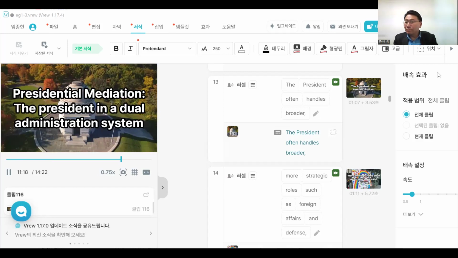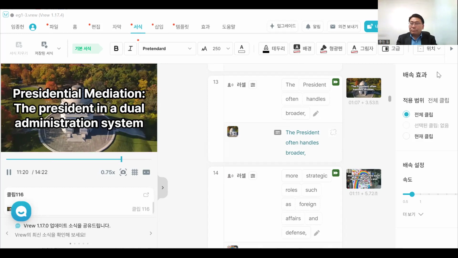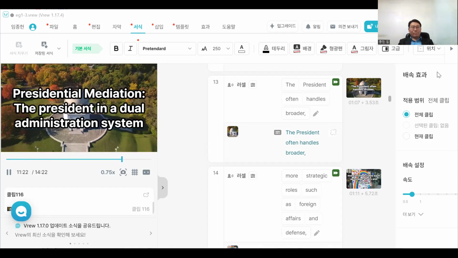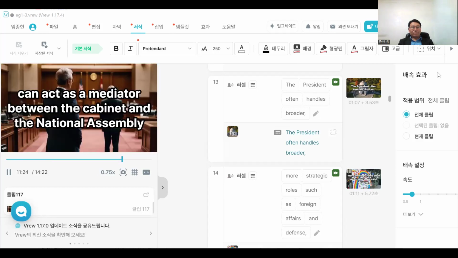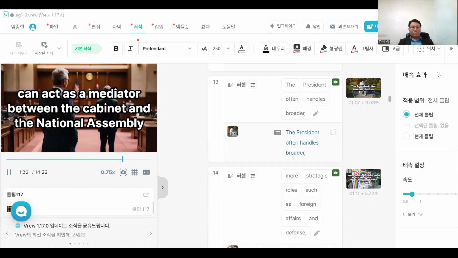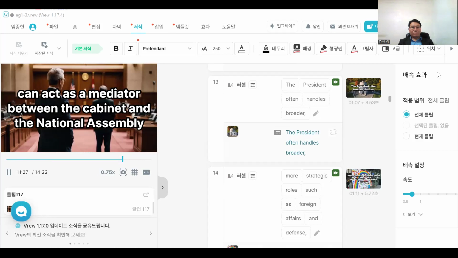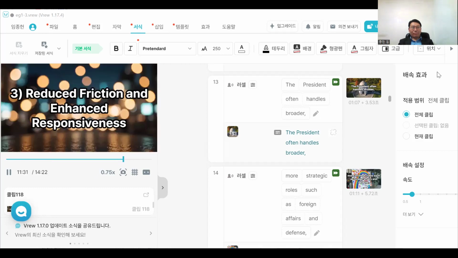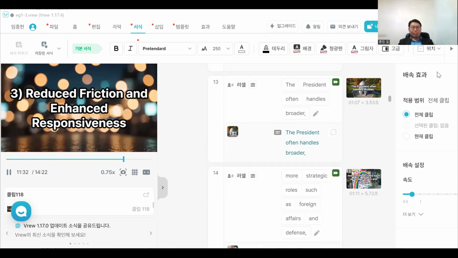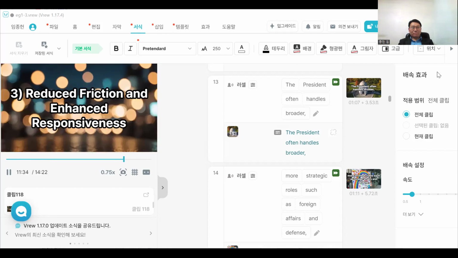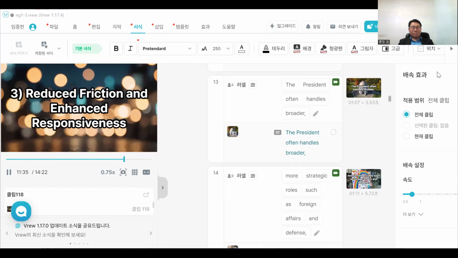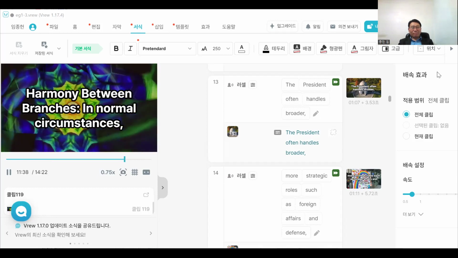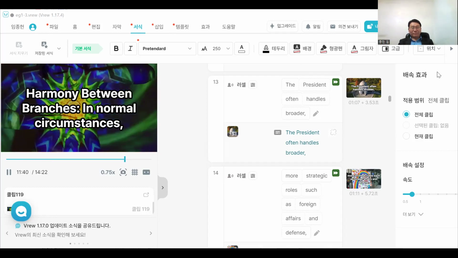Presidential mediation. The president in a dual administration system can act as a mediator between the cabinet and the National Assembly. 3. Reduced friction and enhanced responsiveness. Harmony between branches in normal circumstances.